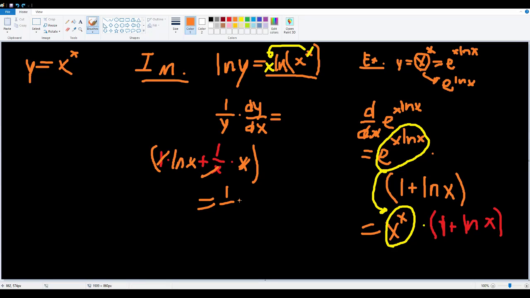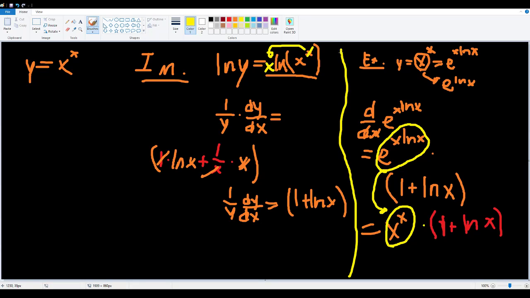Wait, we're left with 1 over y dy dx, that was a sloppy looking dx, equals, and then, you know, 1 plus ln x, right? That's pretty simple. Let's just make this pretty clear. These are not related. So that is it.